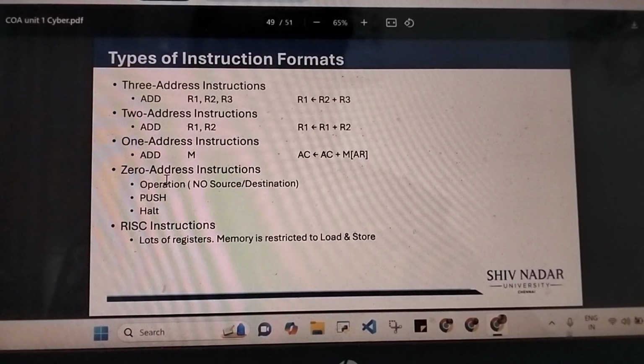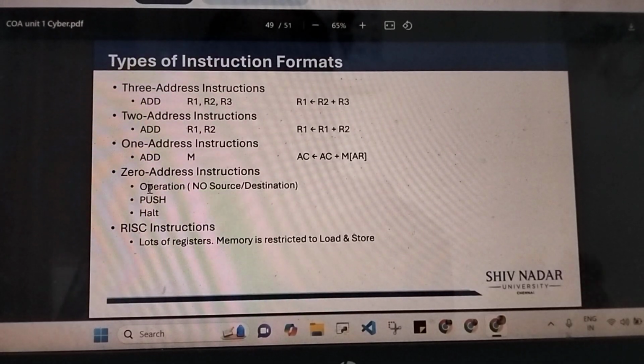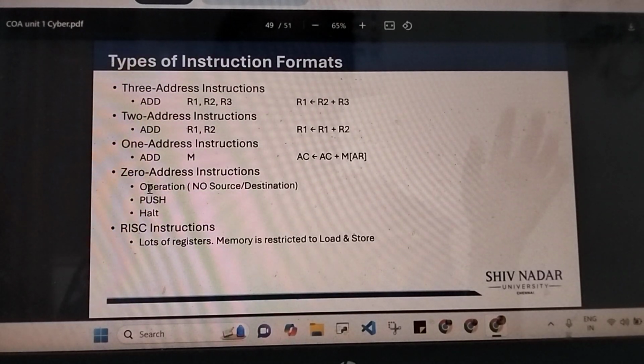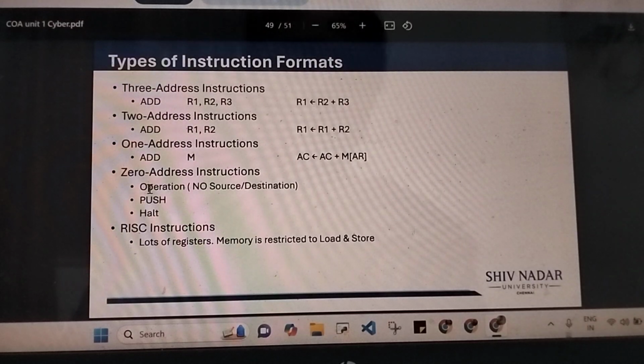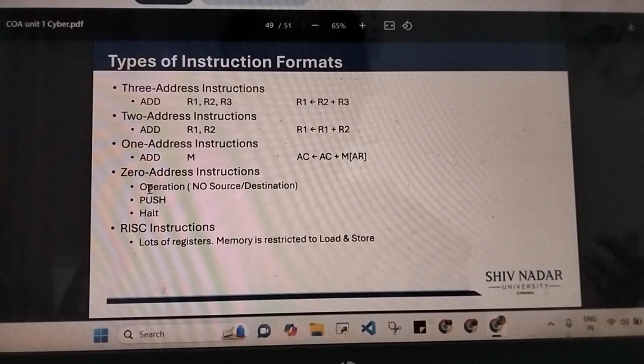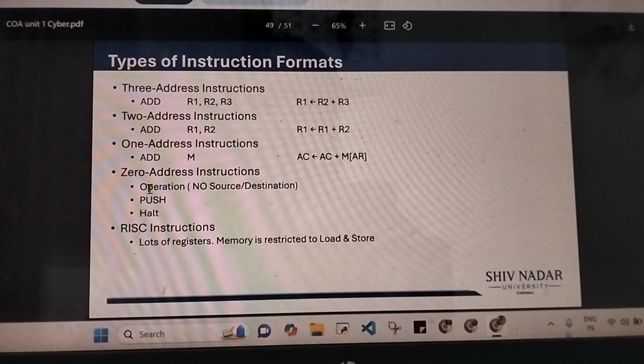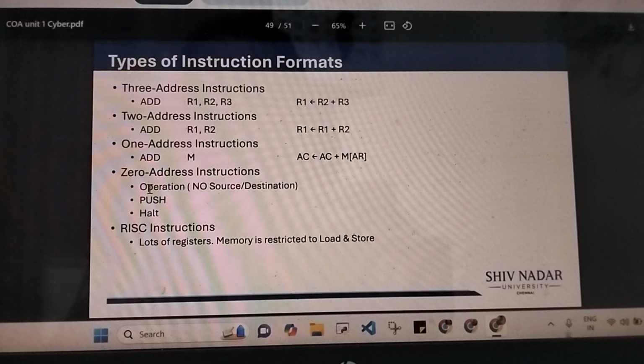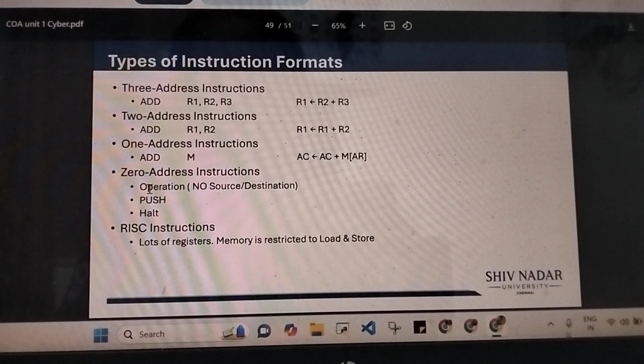So 0 address instructions are instructions where we just give the command, the operation. We do not specify any operands at all. So how does the computer know where to perform this instruction? There is a set of registers in your CPU which function like a stack. A stack, I am sure you all know, is a last in first out linear data structure, and it can hold a series of values.